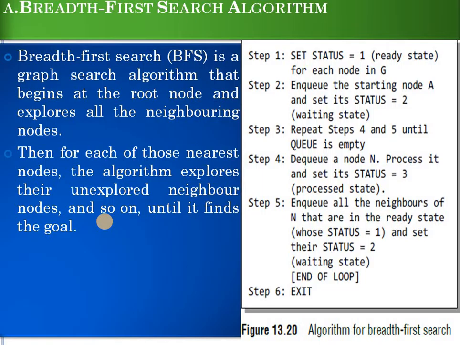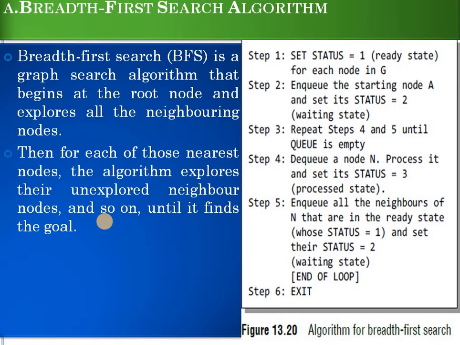So this is a complete algorithm. If our target element is there, then we will 100% find it. No skip is there, complete searching is there. First we complete the root, then explore its neighbors, and then for each of those nearest nodes, the algorithm explores their unexplored neighbor nodes, and so on until they find the goal.